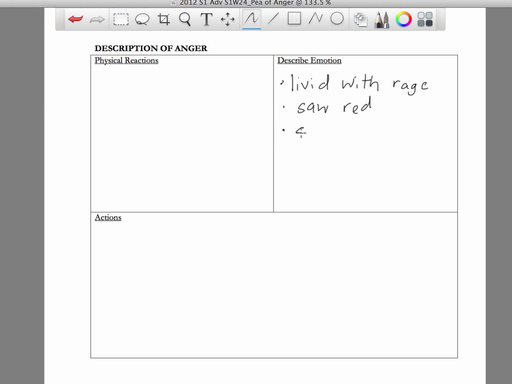So you could say that smoke was coming out of her ears. She was so angry that smoke was almost coming out of her ears. Please do not use the word literally, because literally actually means really. And if you really see a person with smoke coming out of the ears, the person should be sent to the hospital, okay?